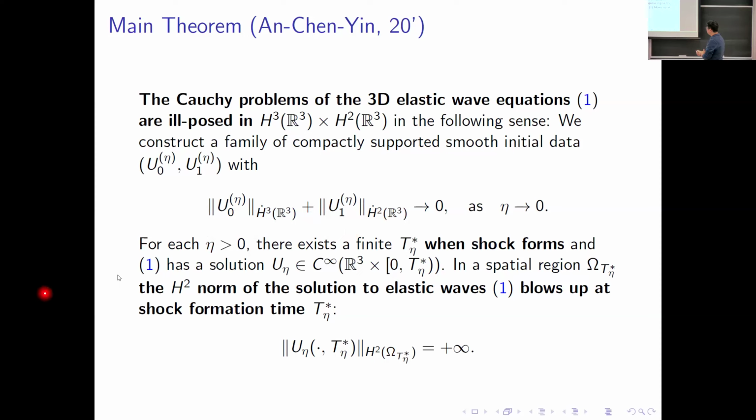For each eta, there exists a finite shock formation time t_eta^*. Before t_eta^*, the solution remains smooth, and at t_eta^* there is a shock. In particular, at t_eta^*, the H2 norm blows up. This is the sense of the ill-posedness.